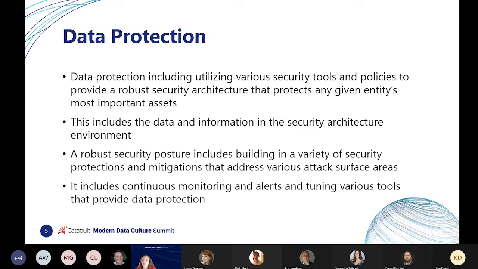And again, like anything in terms of overall security posture, security architecture, data protection, we're going to be needing to continuously monitor and get the different alerts, and tune the various tools that we utilize to provide the different data protection in our environments. Next slide, please.